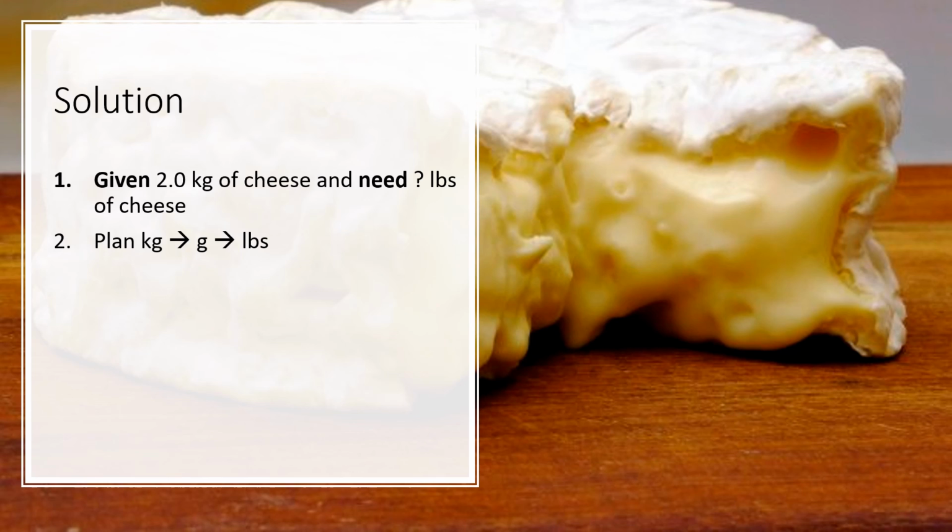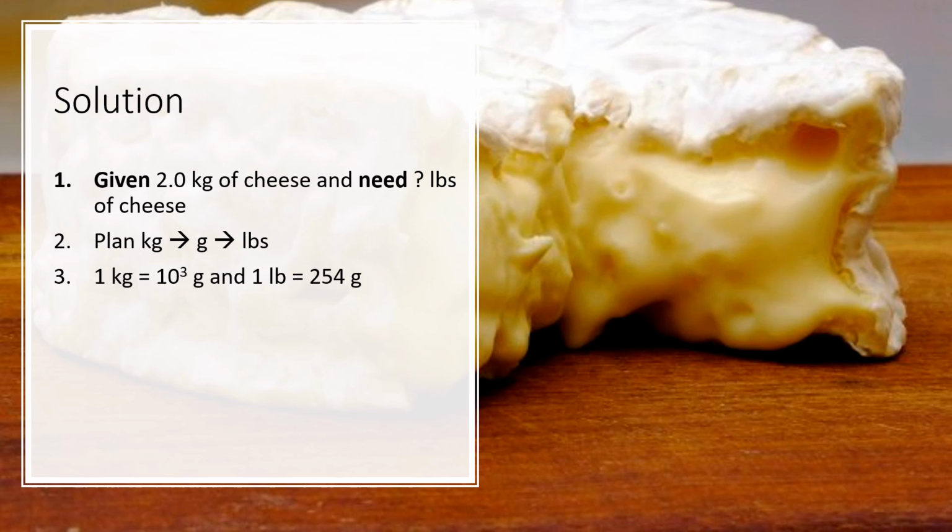Well, when you go back and look at the conversion table, you're going to see that we have a conversion factor from grams to pounds or vice versa, but we don't have one going directly from kilograms. We do, however, know how to get from kilograms to grams. So we're going to set up 2 equalities: 1 kilogram equals 10 to the 3rd grams, and 1 pound equals 454 grams. This will give us our conversion factors.